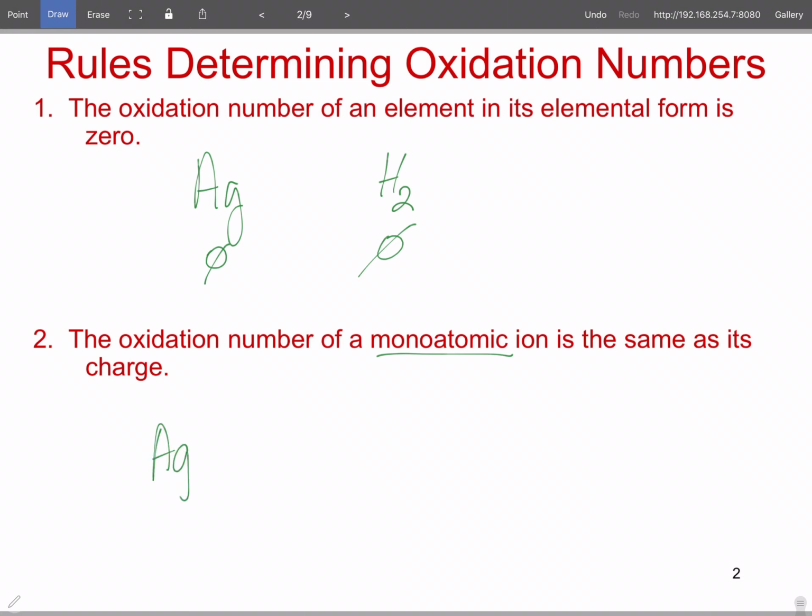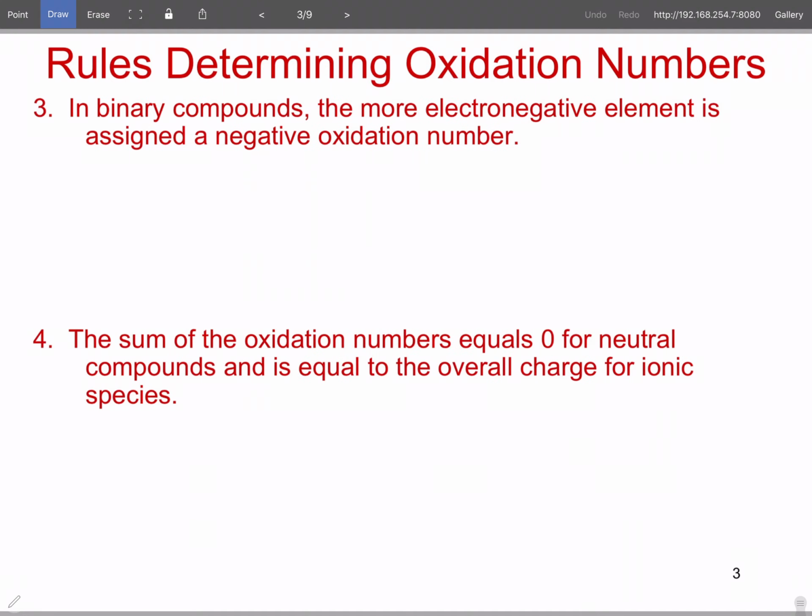That means that Na plus is 1 plus. Calcium 2 plus would be 2 plus, and aluminum 3 plus would be 3 plus. Chloride would be 1 minus, etc. So monoatomic means one atom. So those are whatever the compound is.